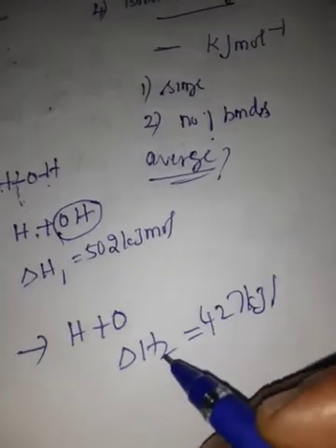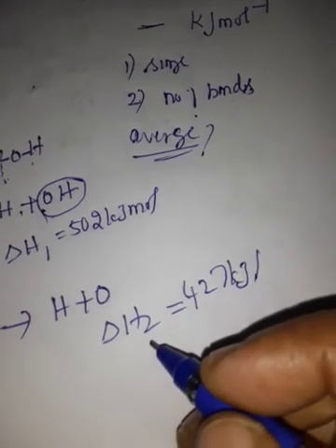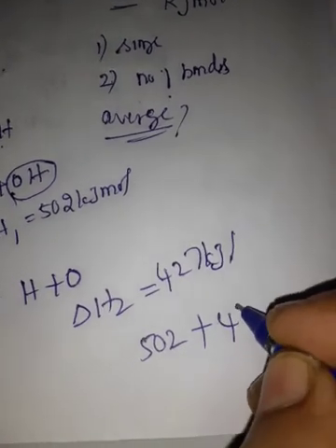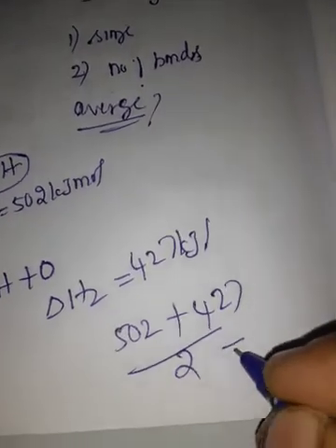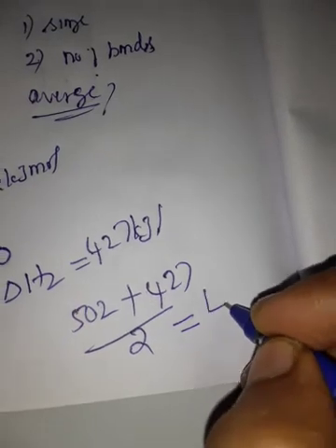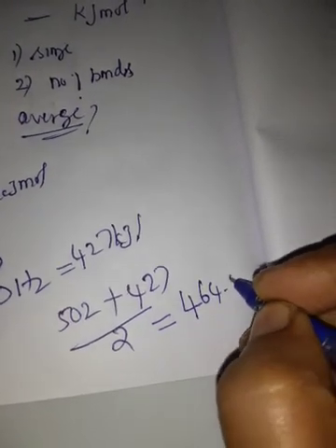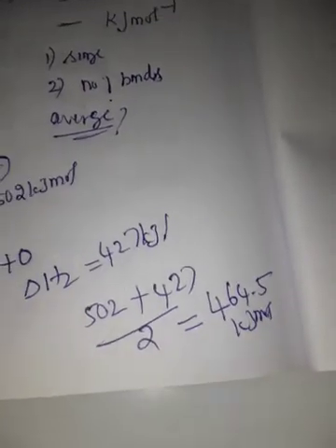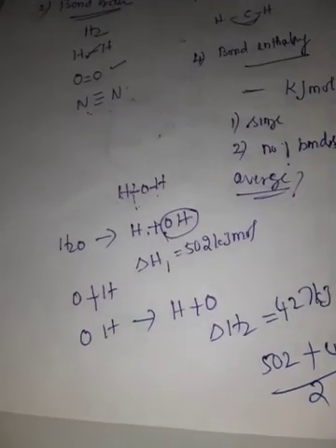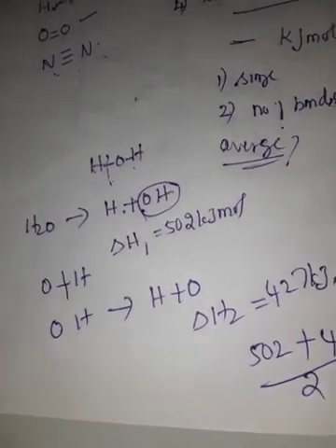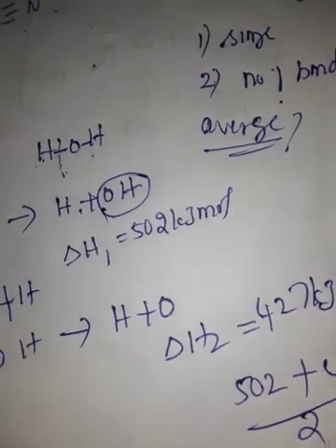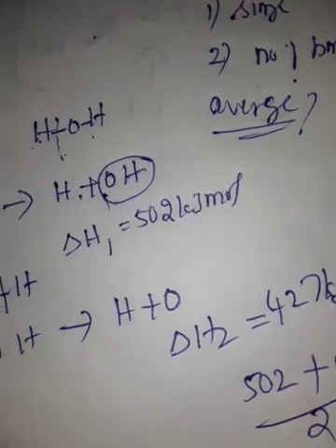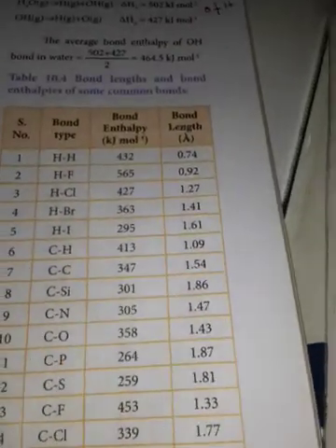So for this we have to take the arithmetic mean: 502 plus 427 divided by 2, which is 464.5 kilojoule per mole. So for polyatomic molecules we have to find the arithmetic mean. Many examples of bond length, bond enthalpy and bond type are given in the book on page 77.